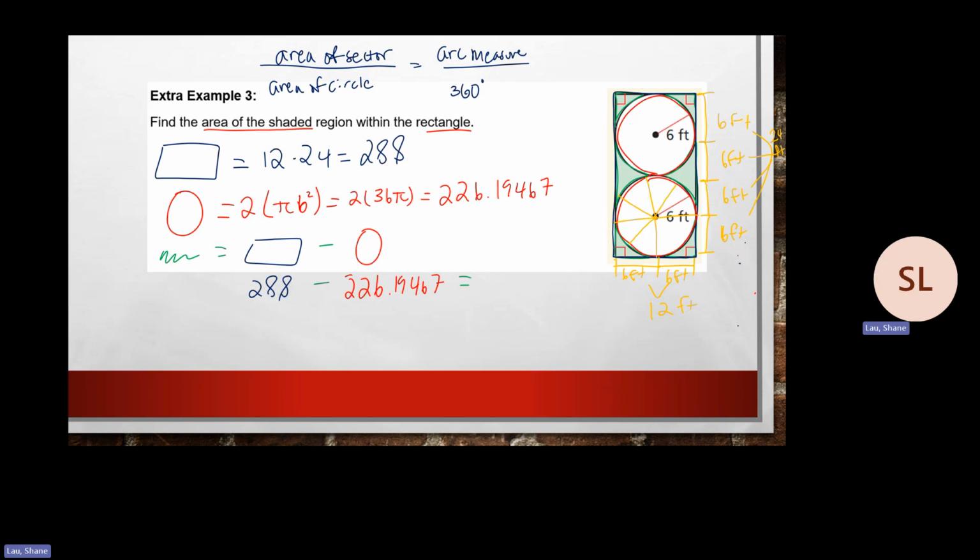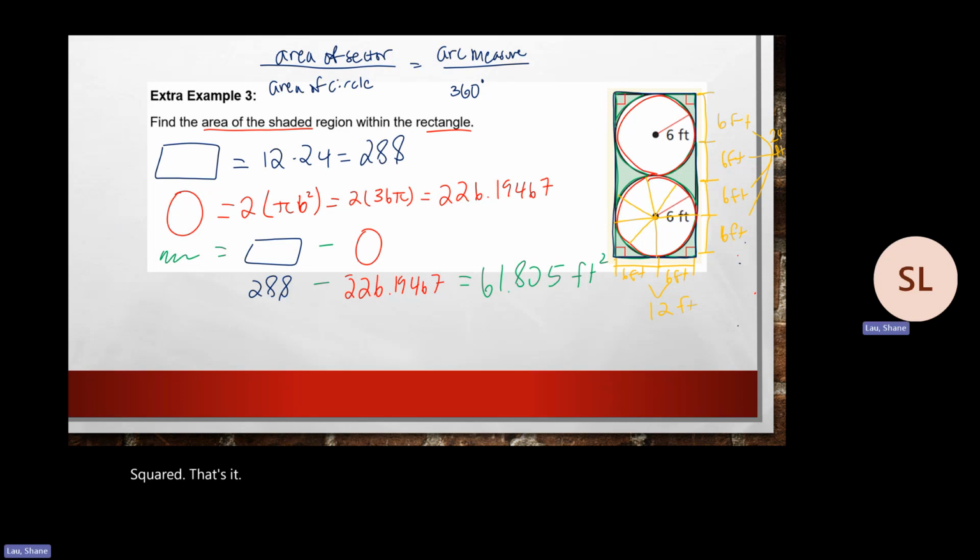And this value is going to equal, I've got to make sure that my math here is correct. I could probably do it in my head, but I don't want to. So it's going to equal 61.805 feet squared. That's it.